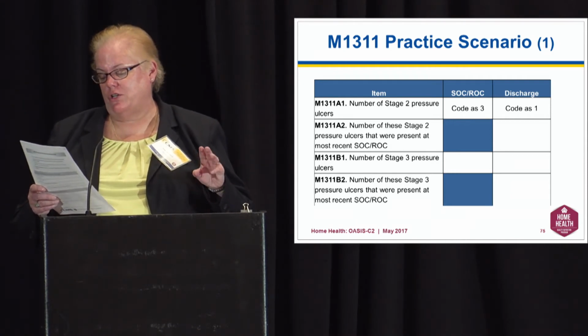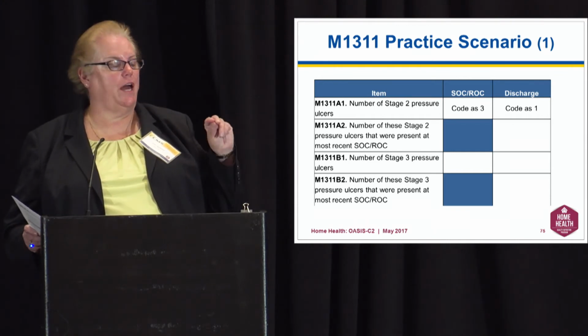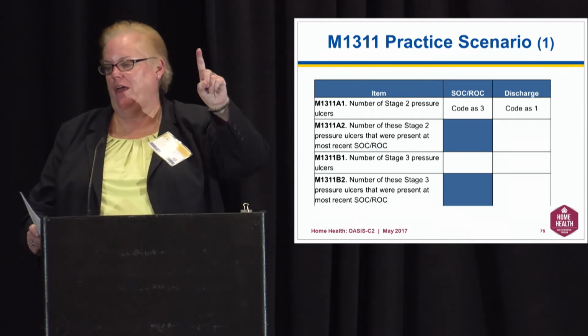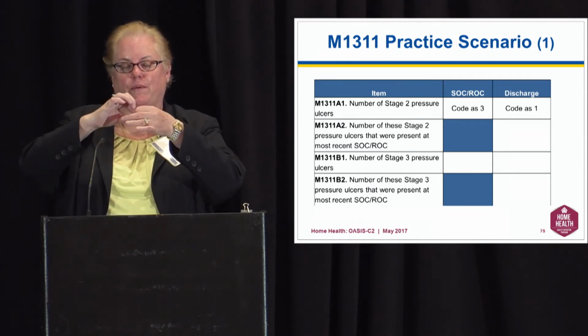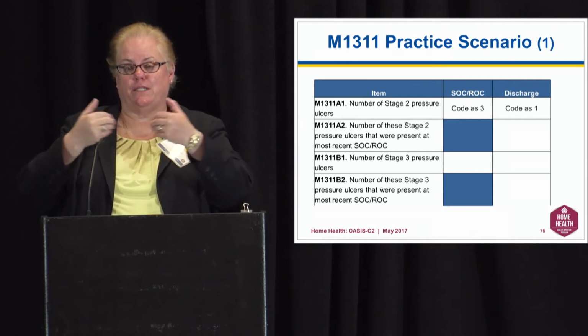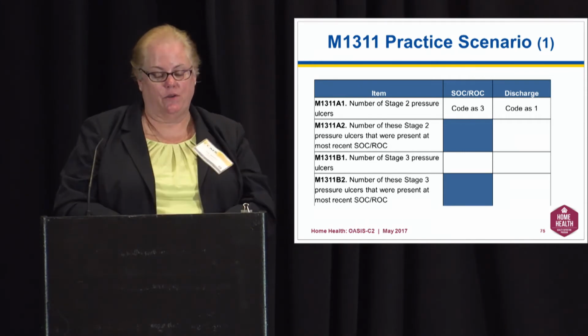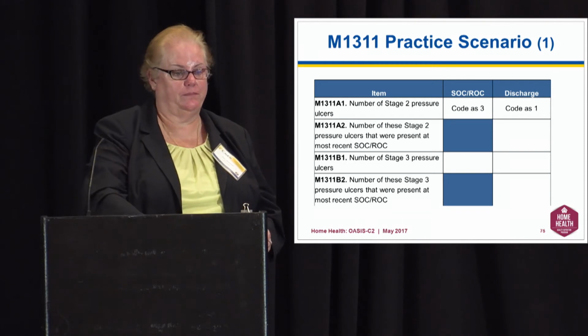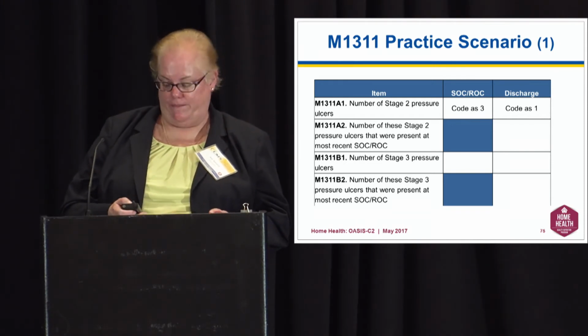Upon discharge, 2 of the stage 2 pressure ulcers merged into 1. And what does that mean when they merge together? They're counted as 1 then. Often you'll see 2 that are close together with a little bridge of skin, and sometimes that skin will go away. It's still a stage 2, but now the surface area becomes 1. You now count that as 1 ulcer. Everyone understand that? Yes? Okay.